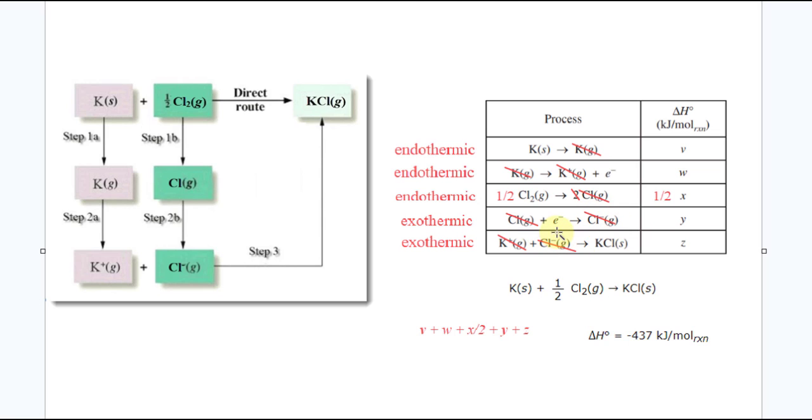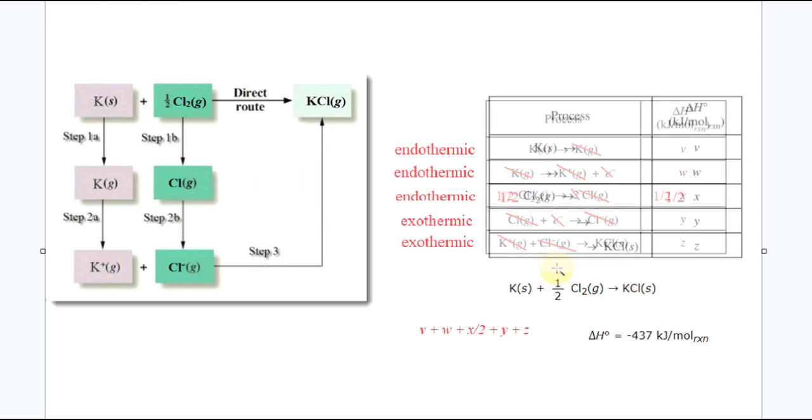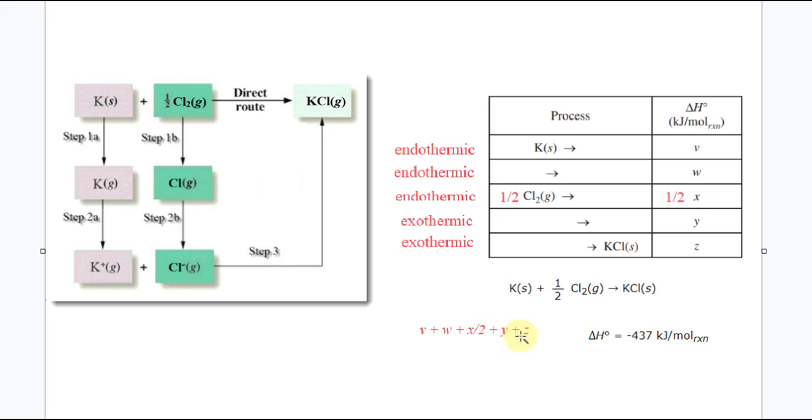And look, one electron, that cancels. So indeed, adding these 1, 2, 3, 4, 5 reactions produces our net reaction, and this summation of these actual enthalpies will produce our final reaction. Beautiful. It's amazing this Born-Haber process works out so neatly.